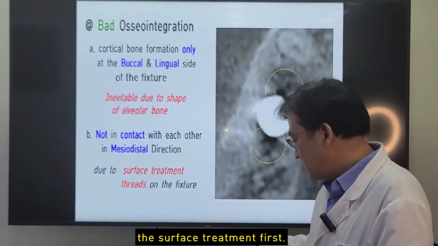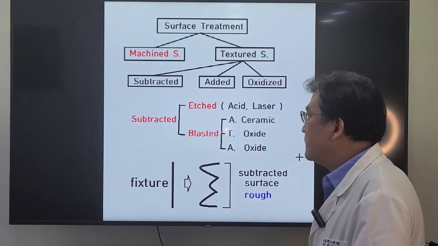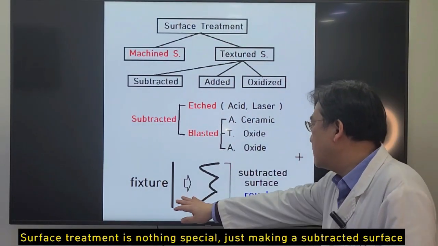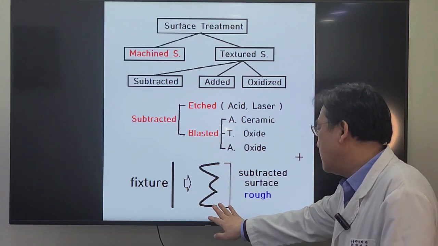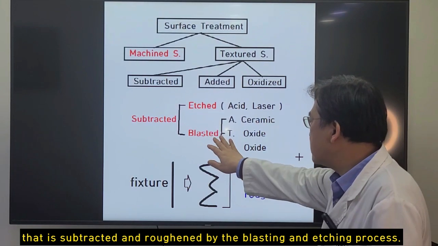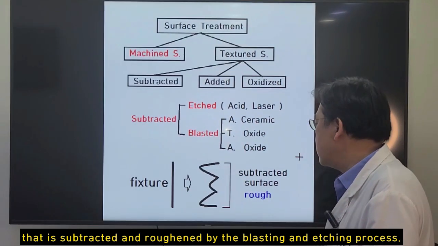Surface treatment first. Surface treatment is nothing special, just making a subtracted surface that is roughened by the blasting and etching process.